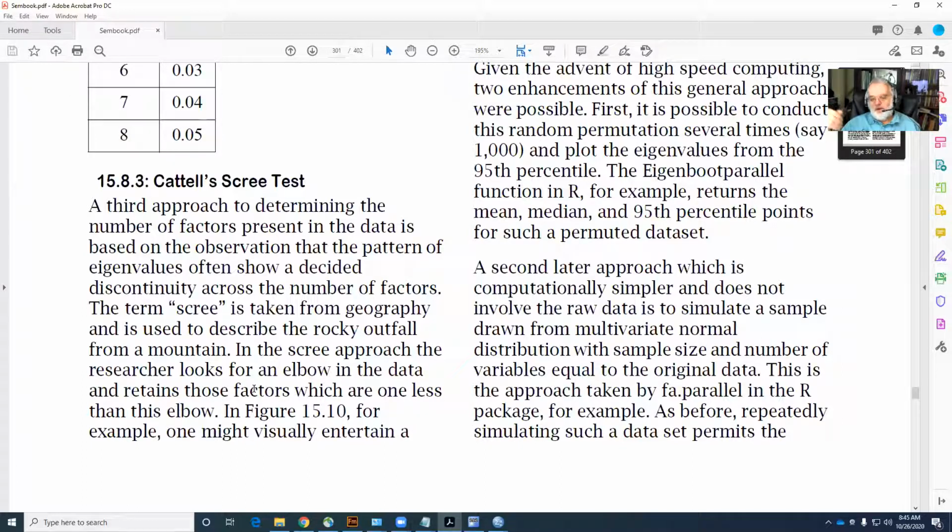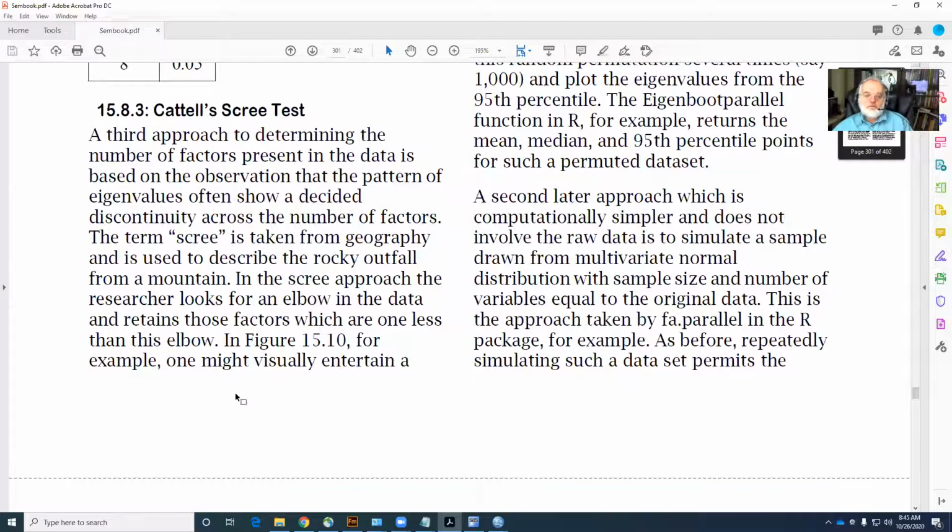Before you get to the mountain, before you're climbing the mountain, rocks start to happen and maybe small outcroppings. This is called scree. And the idea of a scree approach is that the researcher is looking for an elbow in the data. And you're going to take as your number of factors one less than that elbow.